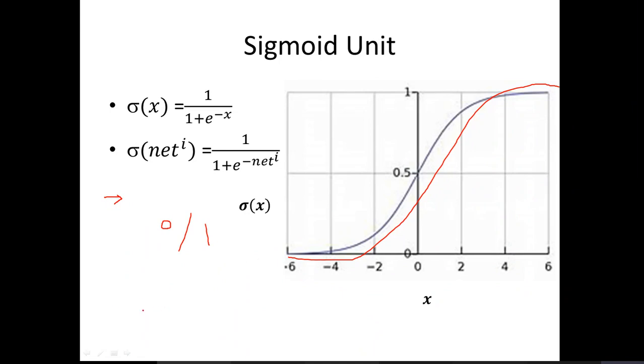I repeat once again. So the output 0 or 1, which we are expecting, instead of looking at that as the class label, please slightly modify your perception.